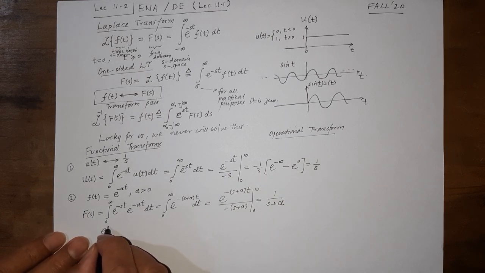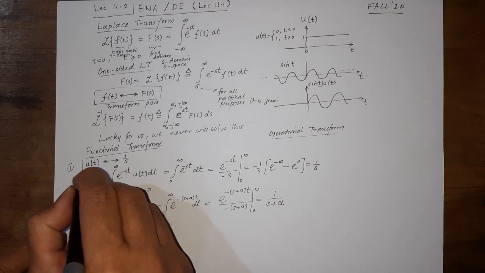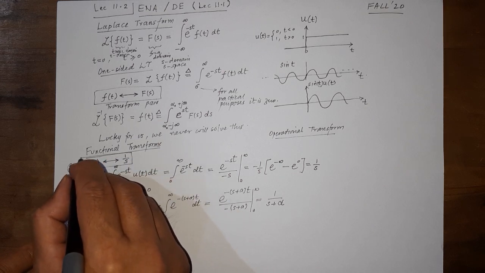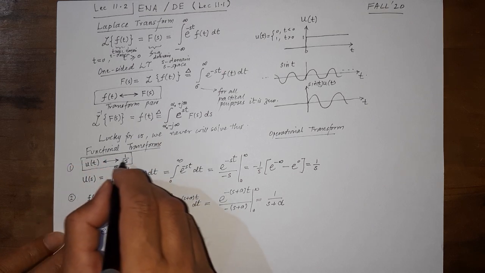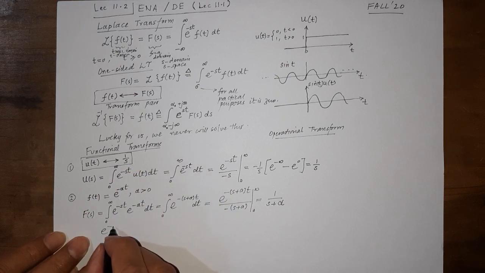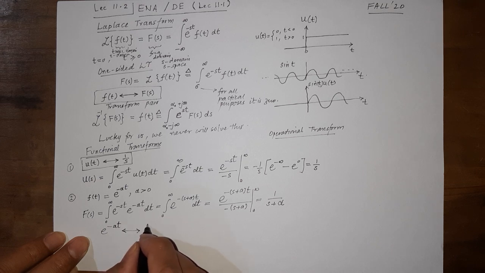Thus, just like this is a functional transform of u(t), the transform pair, we have another pair: e raised to the power minus at has a Laplace transform of 1 over s plus a.